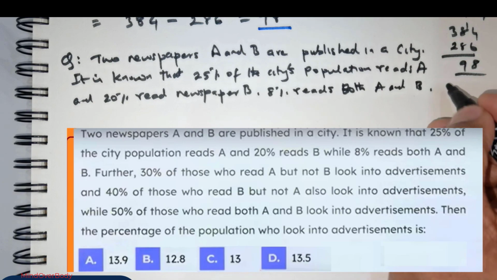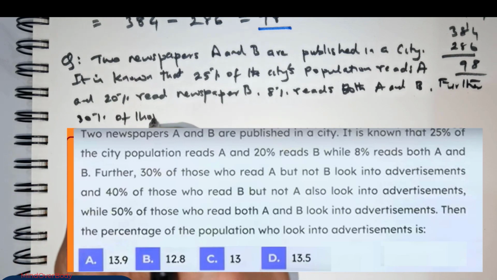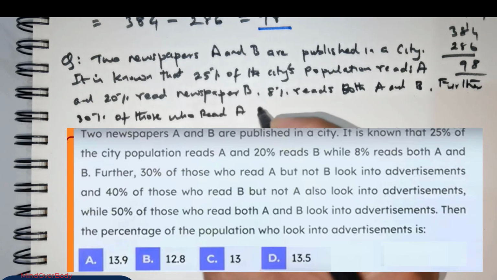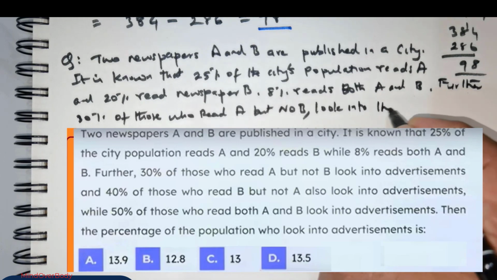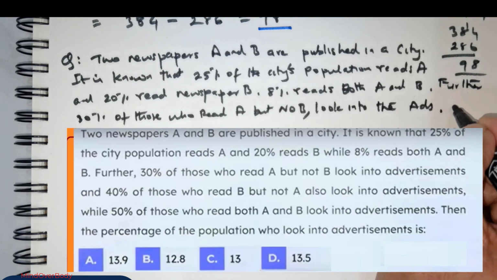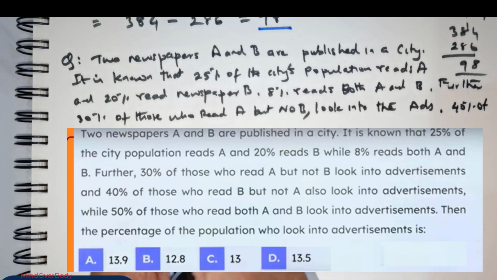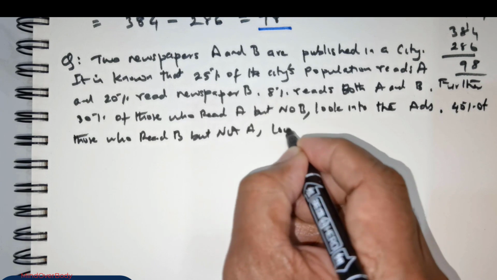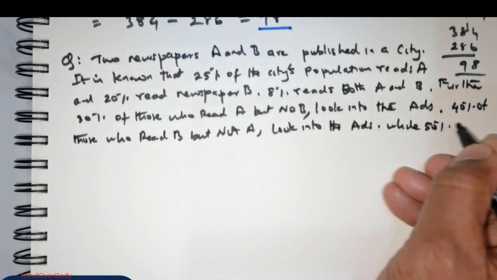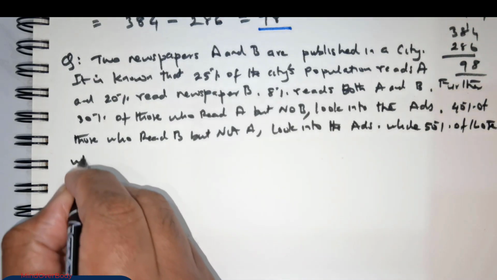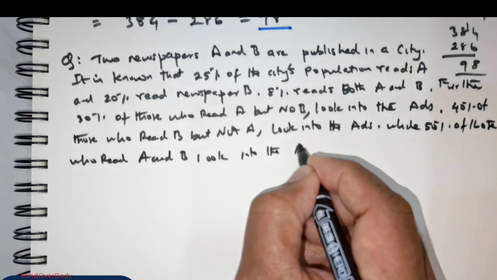So let's move on. Further, 30% of those who read A but not B look into the ads, followed by 40% of those who read B but not A look into the ads, while 50% of those who read A and B look into the ads.